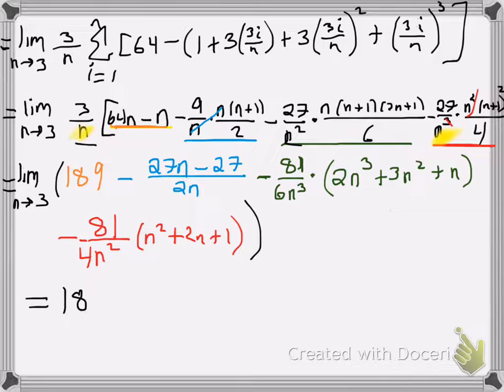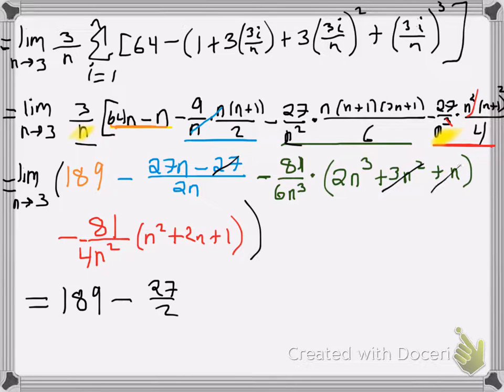Alright, so the limit of 189 is just 189. Now, this part right here is going to go to 0. But you have 27n over 2n, so the n's are going to drop out, and you'll be left with 27 over 2, minus 27 over 2.